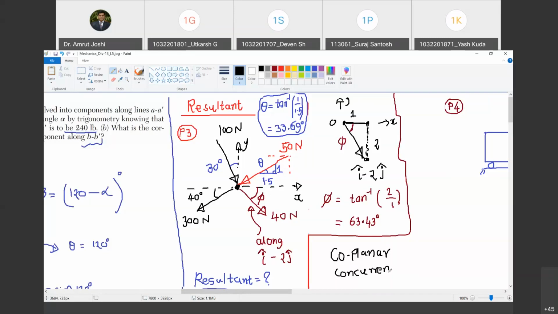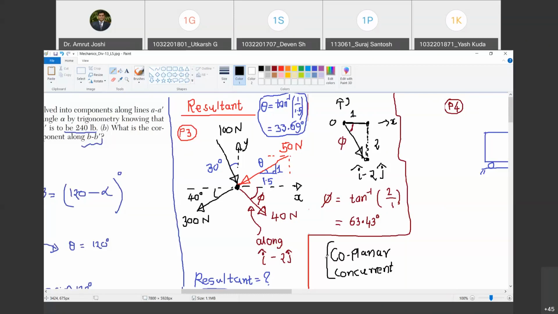Coplanar and concurrent is the categorization of this particular force system that I have shown on the body. Coplanar, because lines of action of all the forces do lie in a single plane. Concurrent, because lines of action of all the forces not only lie in a single plane, they also pass through a single point. Are you with me?